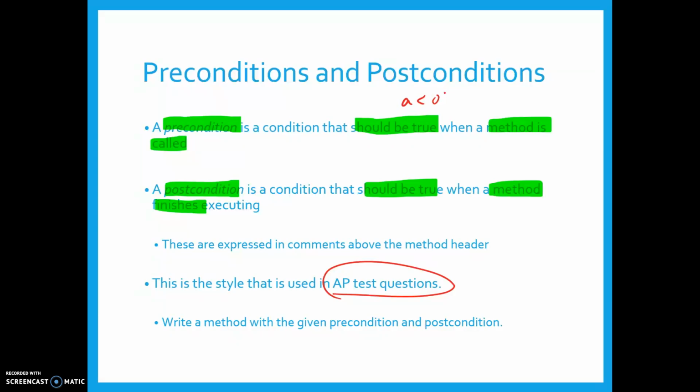So that would mean that you can assume for the entire method that A is less than 0. You can assume for the entire method that A value is negative. This is basically just telling you that starting information, what you can assume to be true. If we think about this in relation to geometry, a precondition is like your given statement and a postcondition is like your prove statement.